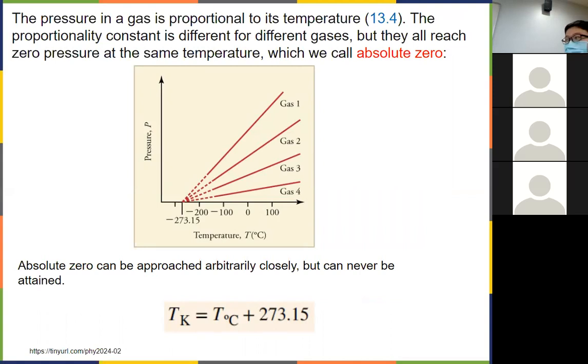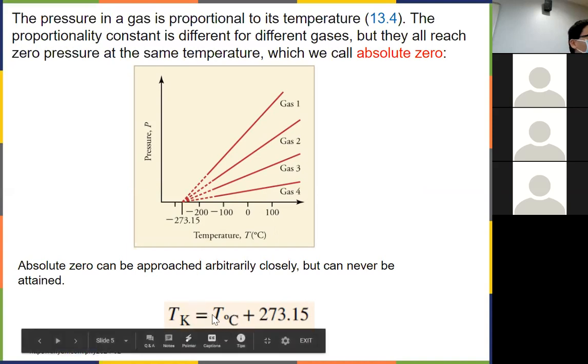That is the low limit. But for the higher limits, there's no higher limit. You can go as high as you want, or as high as you can find. From Celsius to Kelvin, it's simple: you just add 273.15 to the temperature in Celsius to get Kelvin.